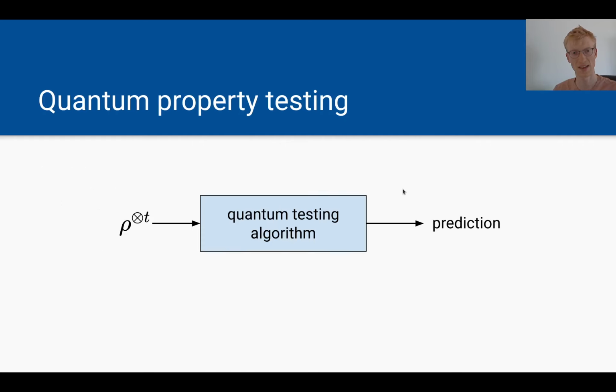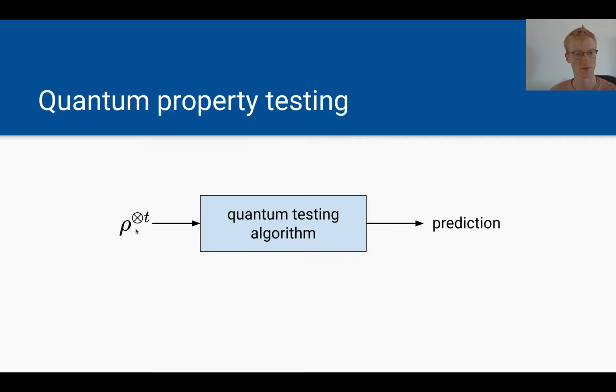Now, this task also fits into a framework that's called quantum property testing, which is a quantum analog of classical property testing, where the object to be tested is now a quantum state ρ. In general, in quantum property testing tasks, we would like to construct some testing algorithm, which consists of basically a measurement schedule and some classical post-processing, and takes as input a quantum state ρ, or rather many identical copies of it.